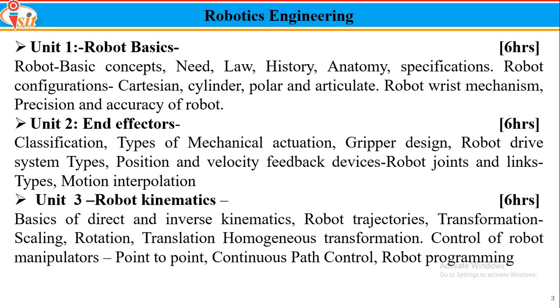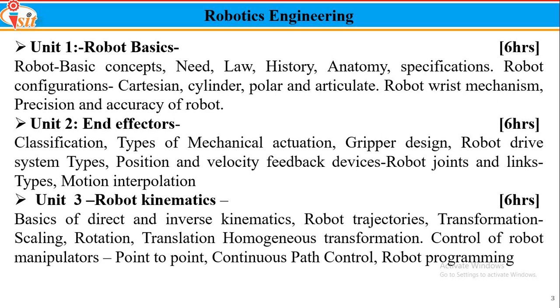For example, if we consider the human hand, the wrist is the end effector of the human. Similarly, for the robot applied to a particular application, we are going to learn its classification first, then types of actuation, mechanical actuation, gripper design, robot drive systems, position and velocity feedback devices, robot joints and links, types, and motion interpolation in unit number 2.